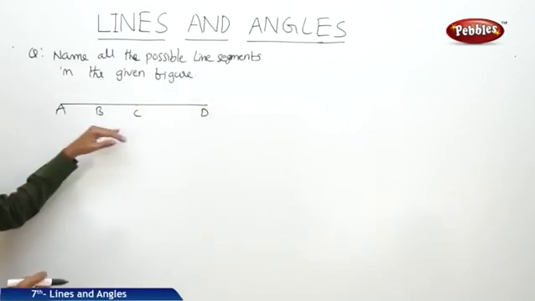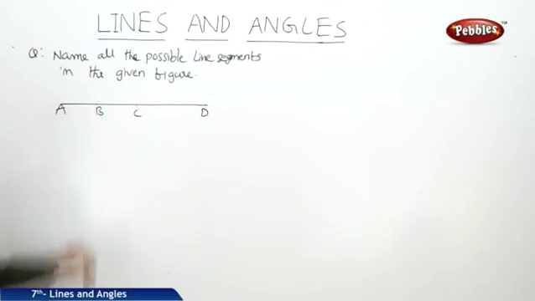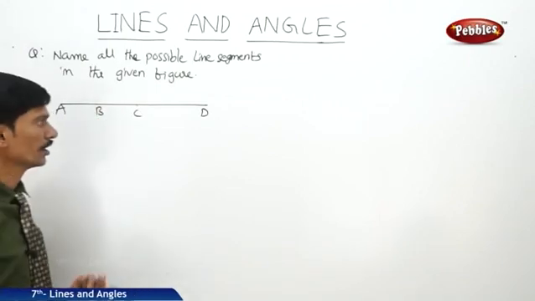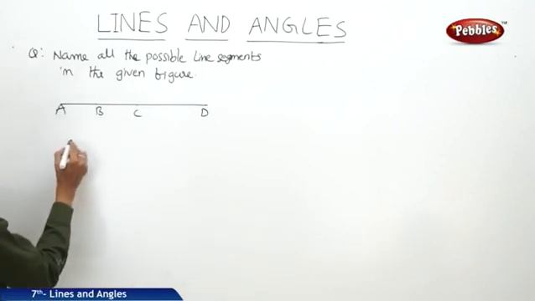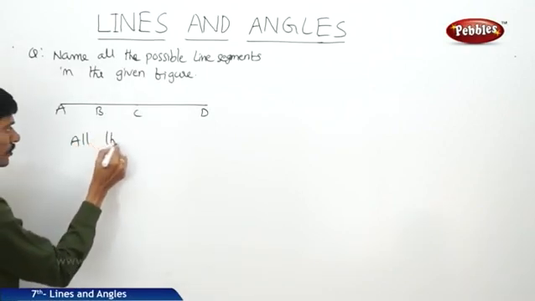On the line segment AD, two other points are given, B and C. Now we should name all the possible line segments from this figure.